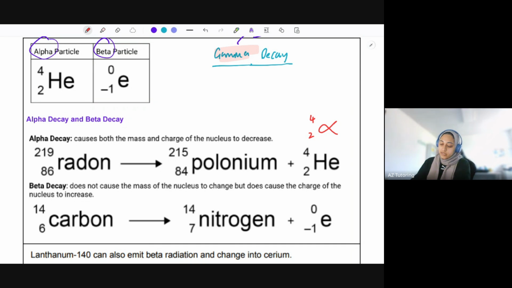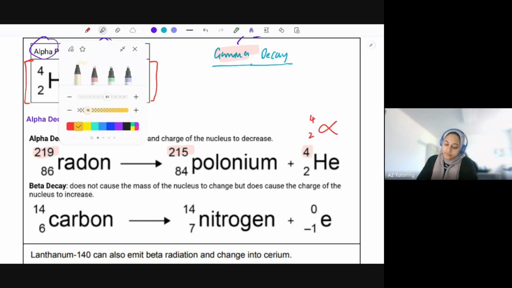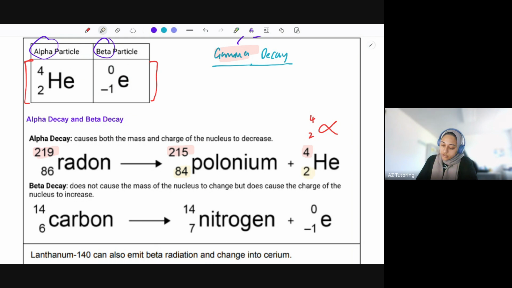An alpha particle has a mass number of 4 and an atomic number of 2. So you need to memorize these. They will not give you these in the exam. So you can see here, 215 plus 4 gives you 219. Likewise with the bottom, 84 plus 2 gives you 86. They have to be balanced on both sides. So that's how you figure it out.